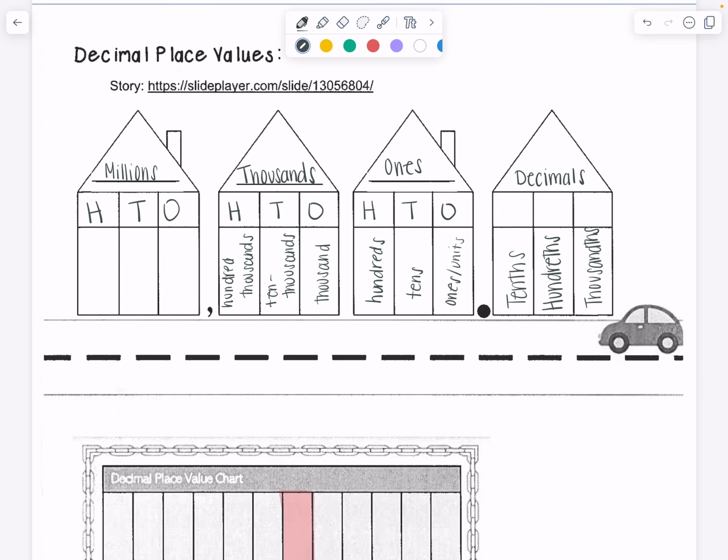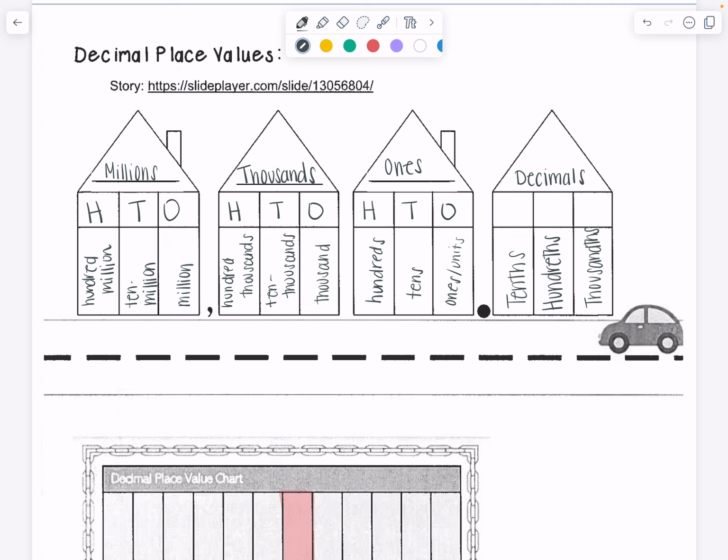I'm going to have 1 million, 10 million, 100 million. And of course, that would continue on forever. But we're just going to focus on this millions, thousands, and then the ones.